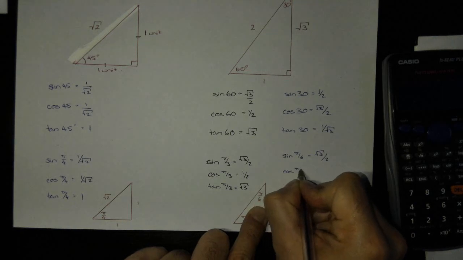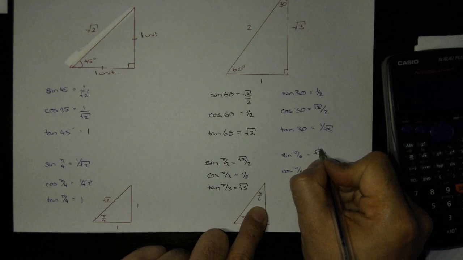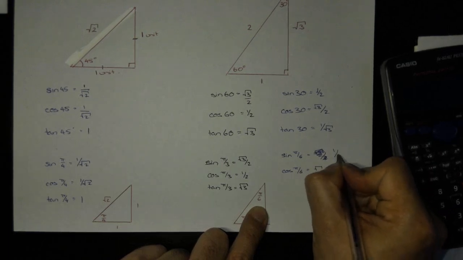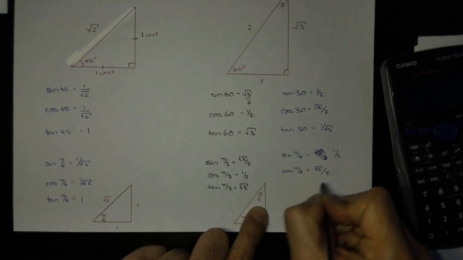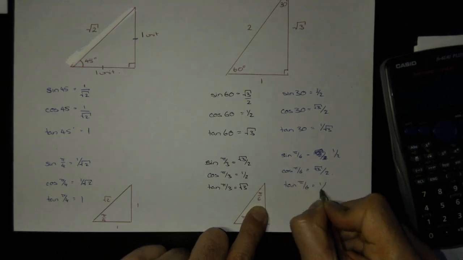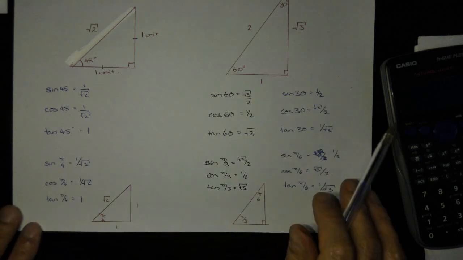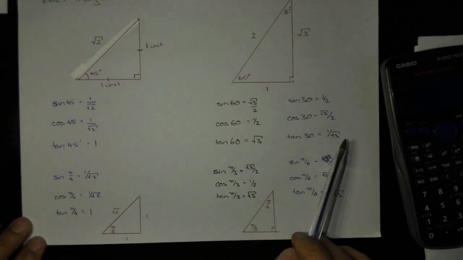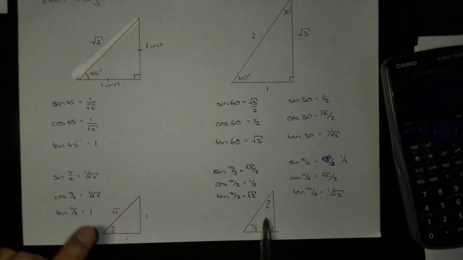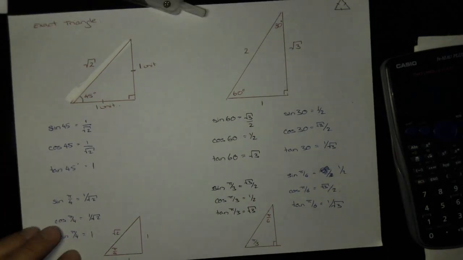Cos pi over 6 is square root 3 over 2. And tan pi over 6 is 1 over square root 3. And we can use these measurements to calculate lots of things to exact values. Okay, so thank you.